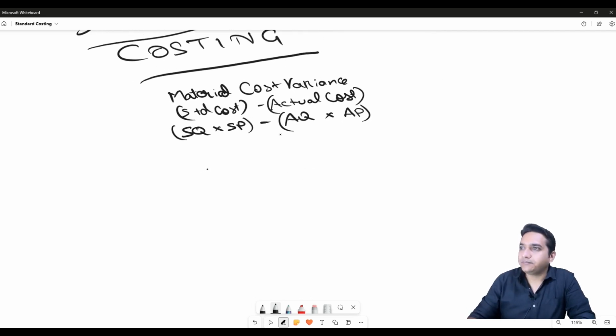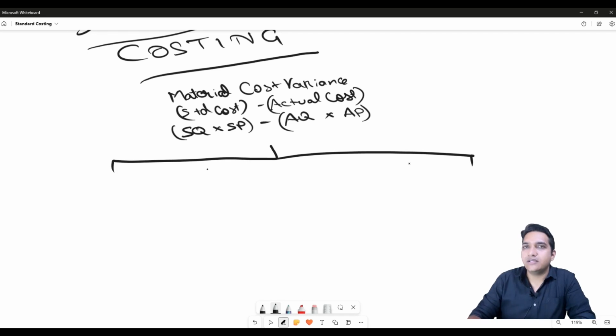Next, let us look at the breakup of this. That is, material cost variance has got two components. One is the usage variance and the other one is the price variance. Now, what is the formula to calculate usage variance?